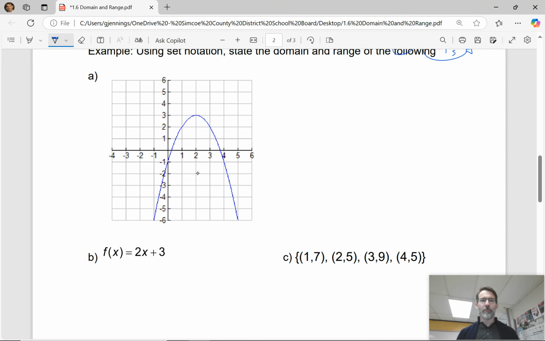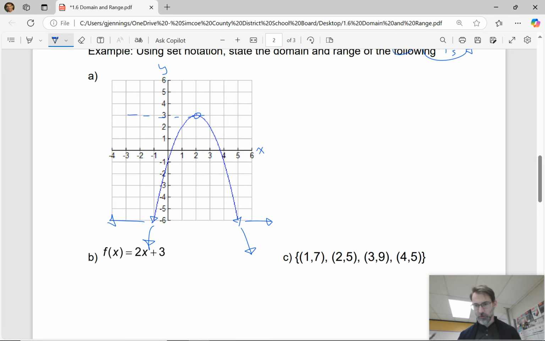So with this one, what do you think the domain and the range is? Particularly since I can say that it goes off to infinity in that direction. This is a little different, I think you'll agree, because x could literally go out there as far as it wants, or out there as far as it wants, and it just goes down further and further. Y, on the other hand, range-wise, we have a clear maximum.